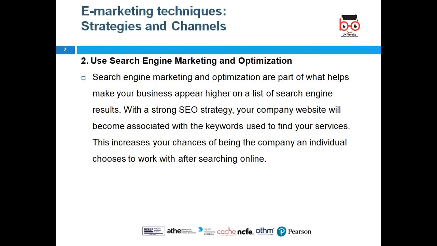Do search engine marketing and optimization. These are basically two things. Can you tell me the difference between them? Search engine optimization is where you essentially optimize your data to get the best results.